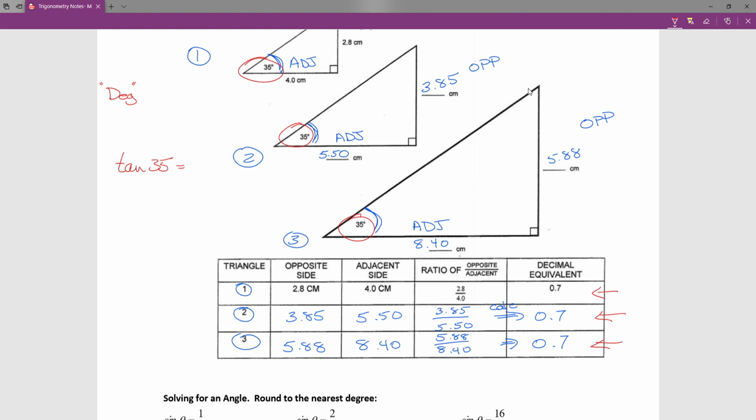So punch in tan 35, and what you should get is 0.7. What this is illustrating is that consistency, right? If we have this fixed angle here, there is a fixed ratio between the sides of the triangle making that angle.